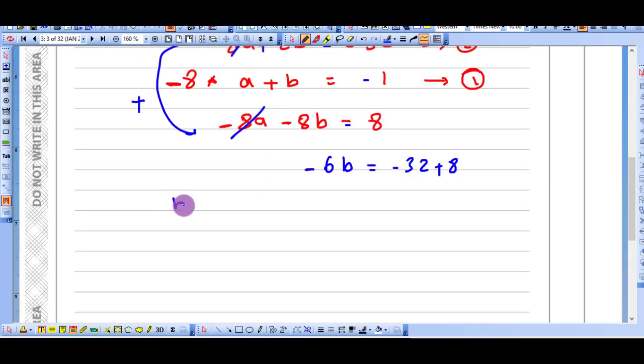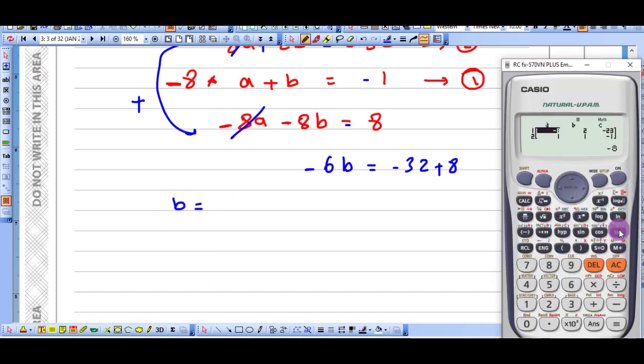So b is equal to minus 32 plus 8 divided by minus 6. b is equal to 4.